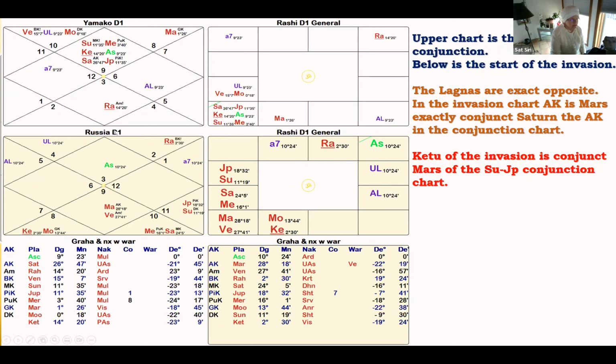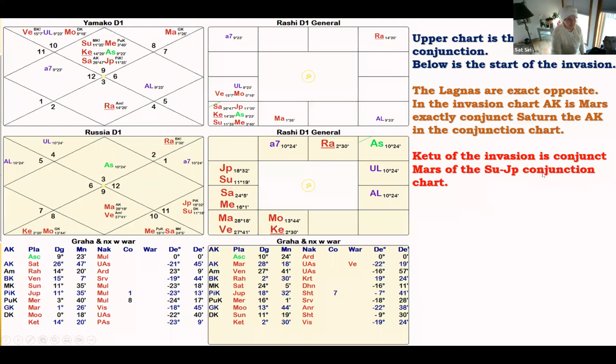It's exactly conjunct the Saturn of the natal chart of the Sun-Jupiter conjunction. The Atmakaraka there is Saturn in 27 Sagittarius. The war broke out as Mars was at 28 Sagittarius, in 1-7 from each other.